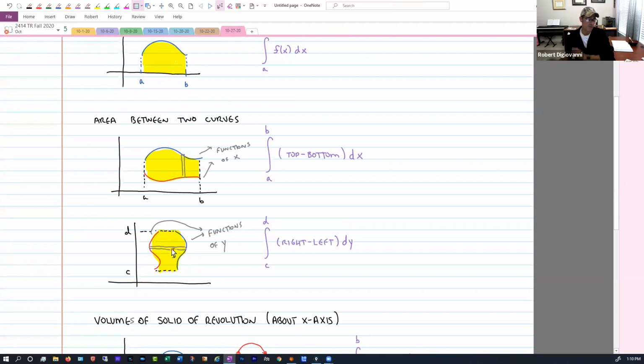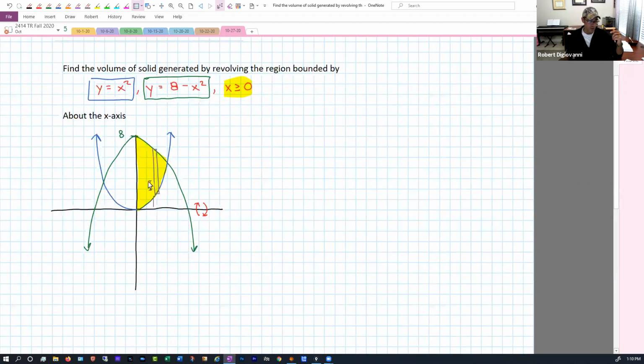Yeah. So look, first of all, 7.1 was areas, so that's kind of different. But in terms of that, yes, if they are functions of y, not functions of x, then we would have our rectangle go sideways, right? Right now, what we're doing is we're trying to take a region and wrap it around the x-axis.